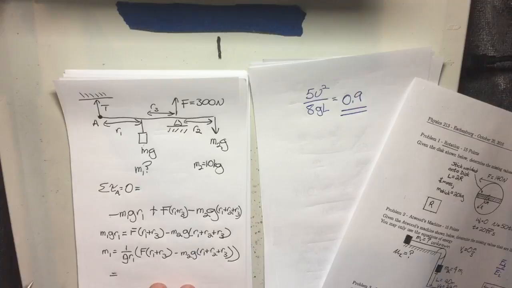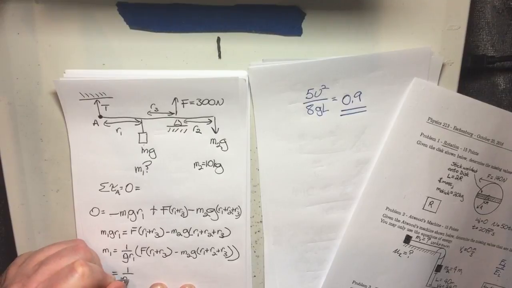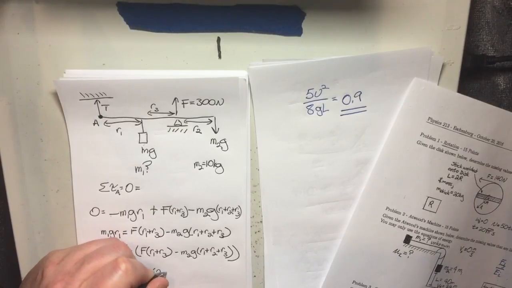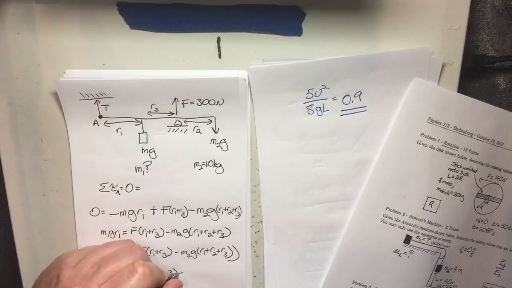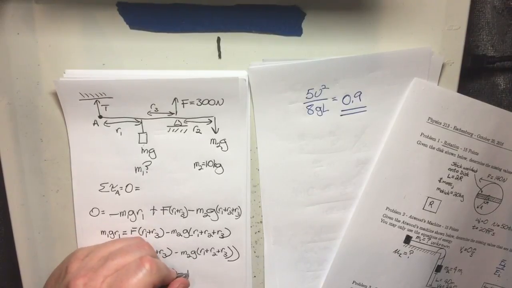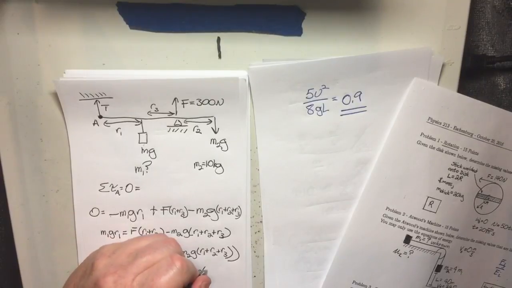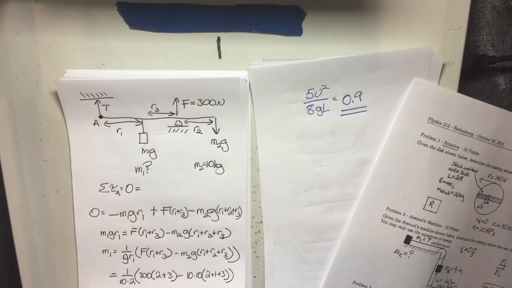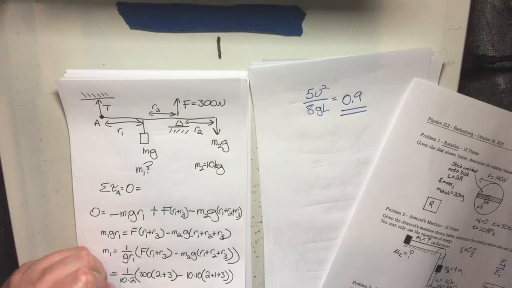Yes. 300 times 5, 1,500, minus 100 times 6, so minus 600, divided by 20, M1 is 45.